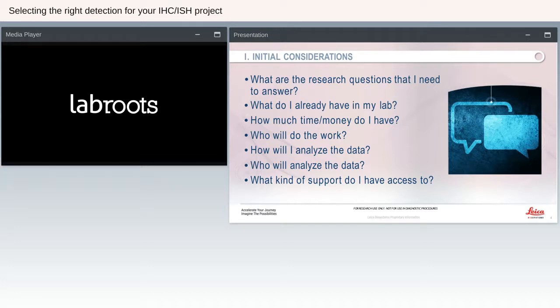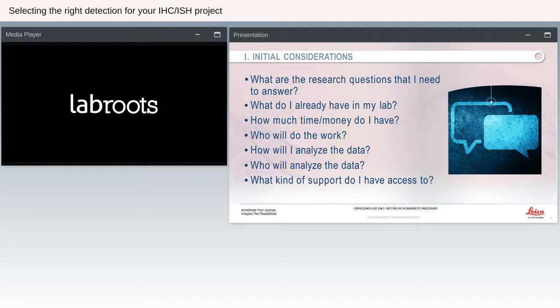What is the timeline for the project? And do we have time to develop something completely new? So those are big considerations. Most people don't want to waste a lot of time and money. The next one is who will actually be doing the work? Do we have the manpower to develop a new assay? Do we have personnel with the skill and experience to develop that assay? So those are some big considerations too.